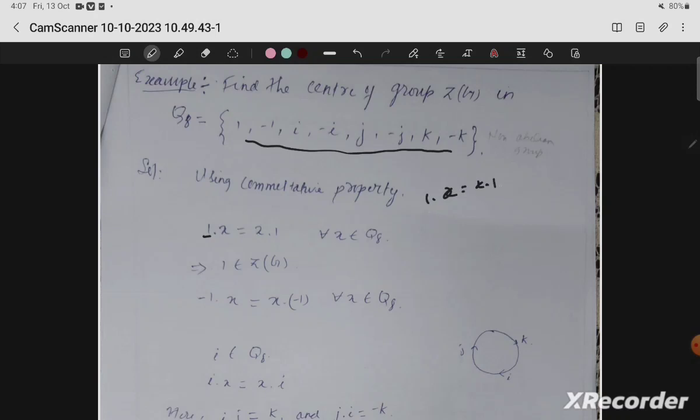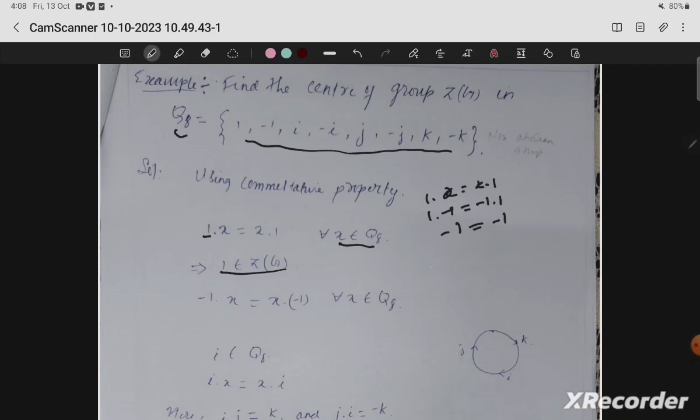For all x belongs to Q8, which means x can be any element in the given Q8 group. So if x is replaced by, say, minus 1, 1 times minus 1 will give us minus 1 equal to minus 1, which clearly says that 1 belongs to the center of a group.